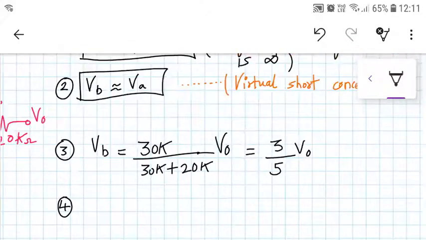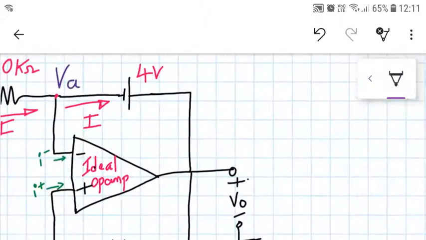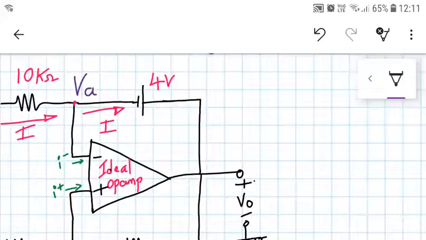Now, if we look carefully at this circuit, applying KVL at the output loop, that is from VA to VO, can we write that VA plus 4 is equal to V out? Again I repeat, VA plus 4 is equal to V out, or we can write VA plus 4 minus V out is equal to 0.